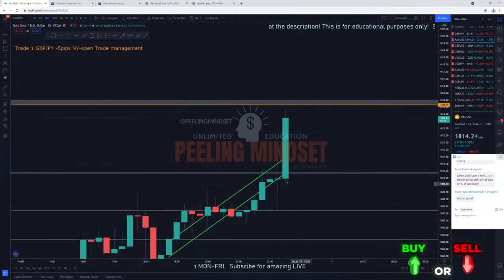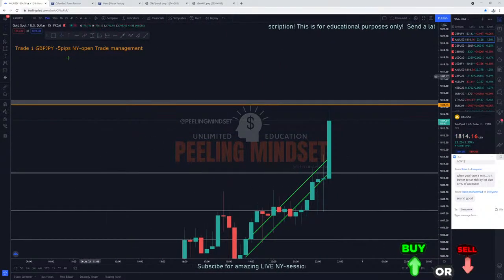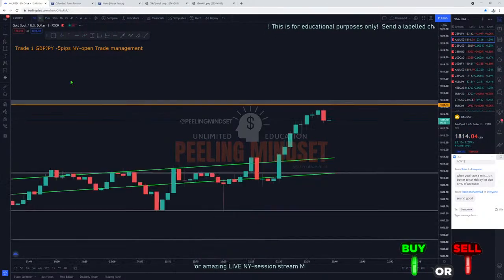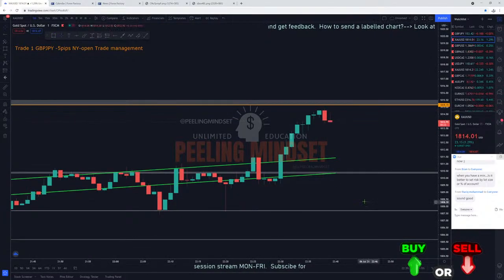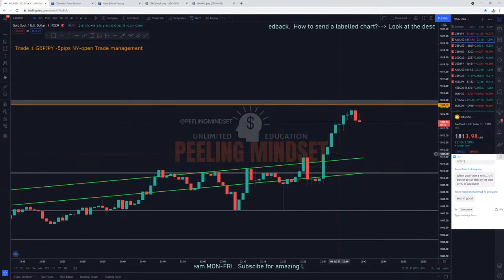Gold moved pretty heavy here. Whoever took trades on gold, you guys must be paid out pretty well. On the break of this high, it made sense. Price moved almost about 30 pips from the break of the high, so kind of nice.